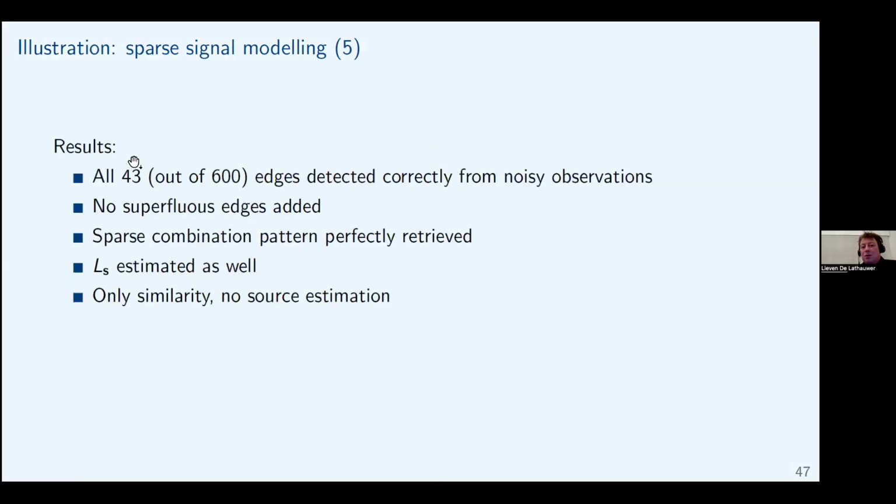So all 43 nodes, let's say, out of the 600 possible ones have been detected, even in the noisy case. And so you can perfectly do that, and so it's really a new tool, and that can be used, I think, in several ways. It opens some doors.